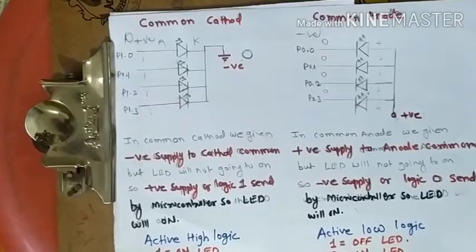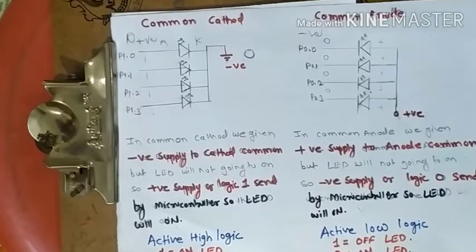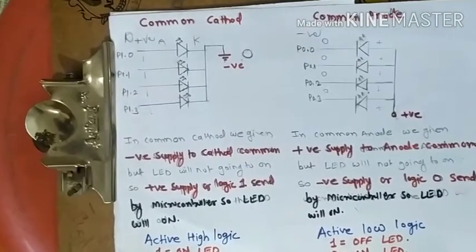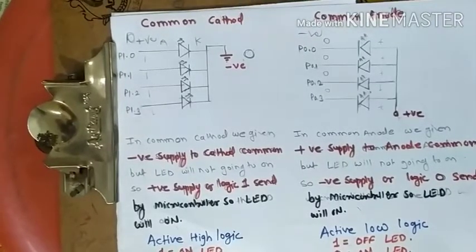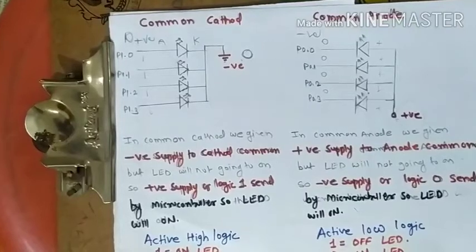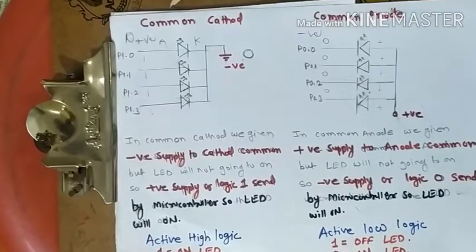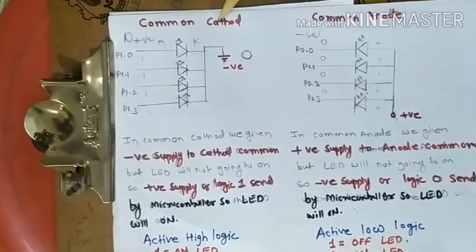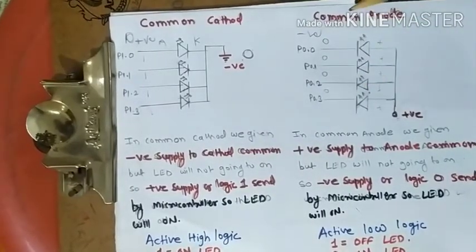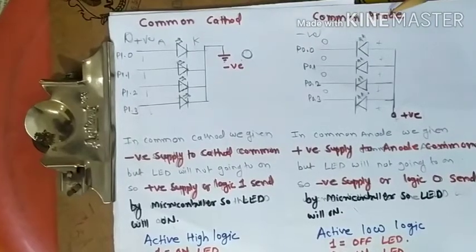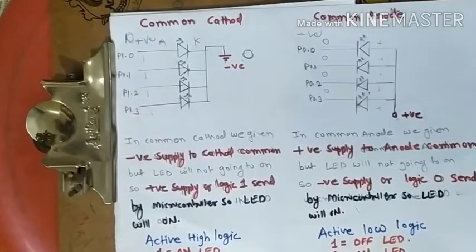Because when you generate the code for LED on and off, you have to understand what to send when the LED is connected in common cathode, and what to send when it is connected in common anode. I repeat, if your LED is connected in common cathode, you have to send 1 to turn the LED on, and if your LEDs are connected in common anode, you have to send 0 to turn the LED on.